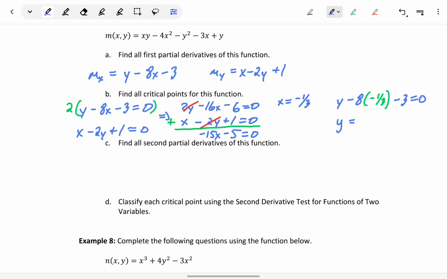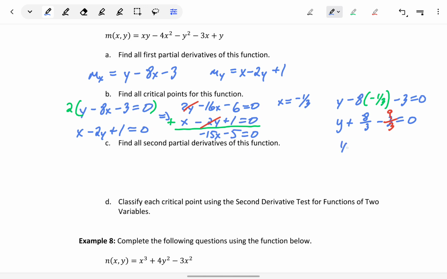So we'll get y plus 8/3 minus 3 is equal to 0. 3 is the same thing as 9 over 3, if we write that as an expression with a common denominator.